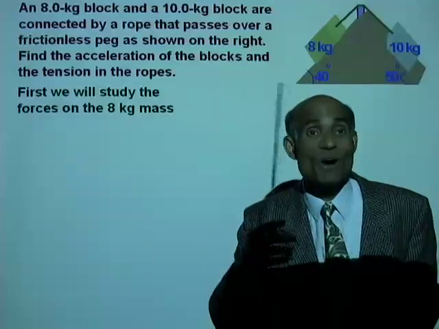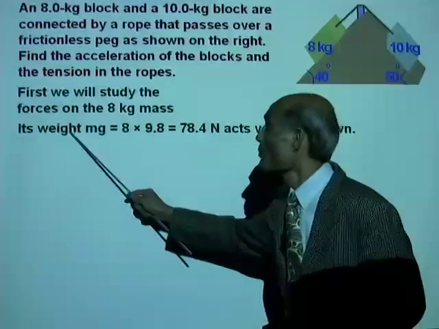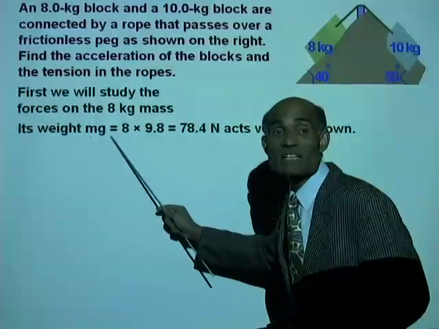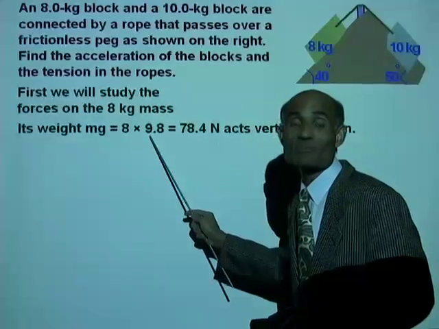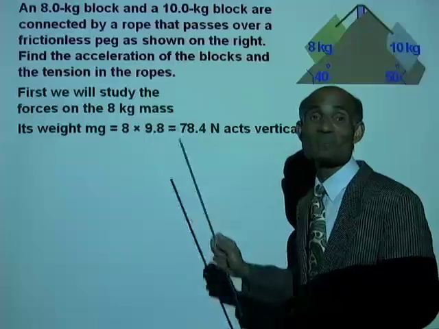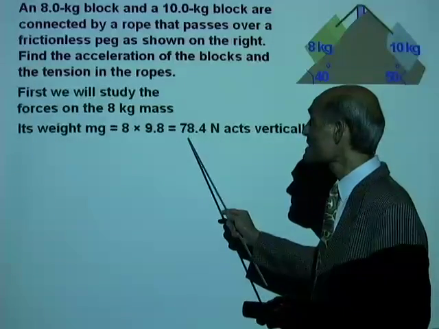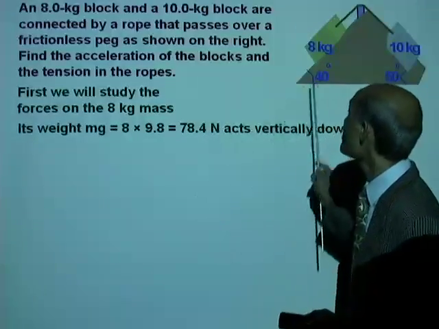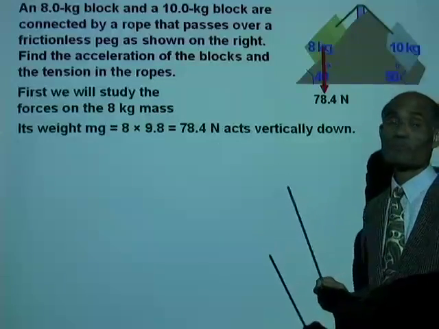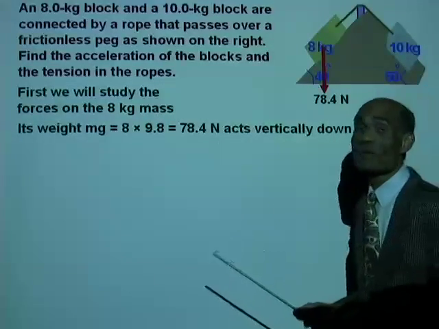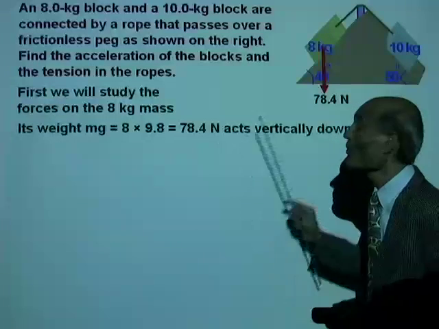What is the weight of the 8 kilogram? The weight of the 8 kilogram is its mass times g. 8 kilogram times 9.8 meter per second squared. That is 78.4 Newton, and that will be acting vertically down. Alright, what are the two components of that force?